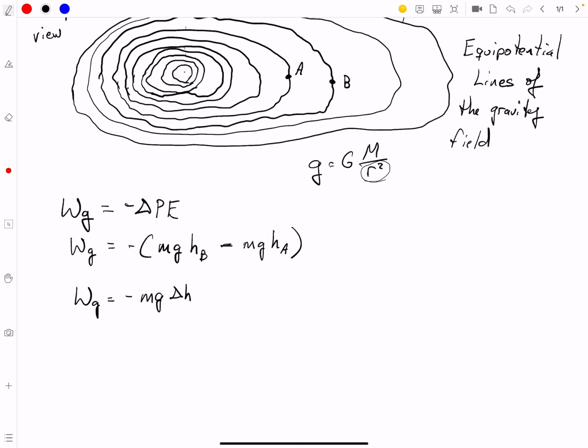We get no work if we go from A to A prime. So if we go from A to A prime, then mg delta h equals 0. That's our equipotential, from A to A prime, all on that same equipotential circuit. Golden.